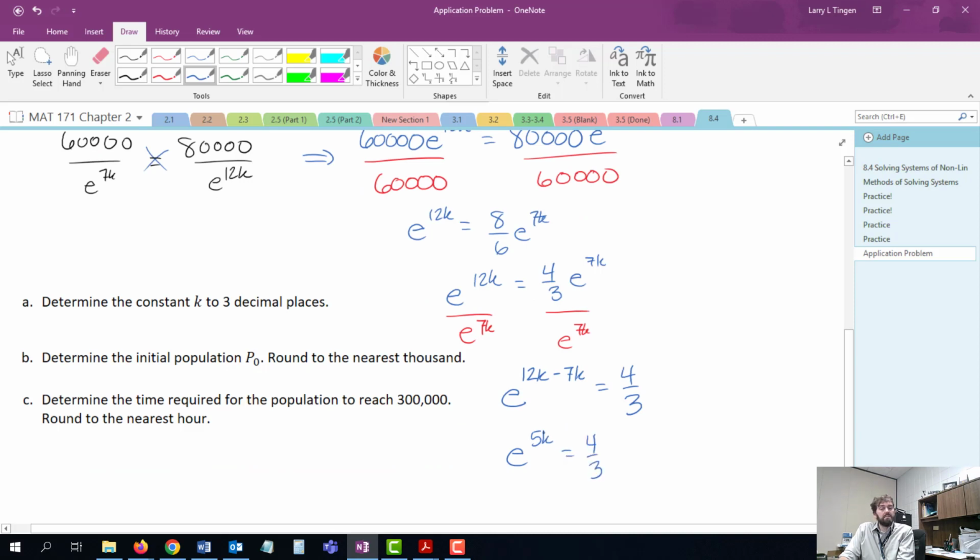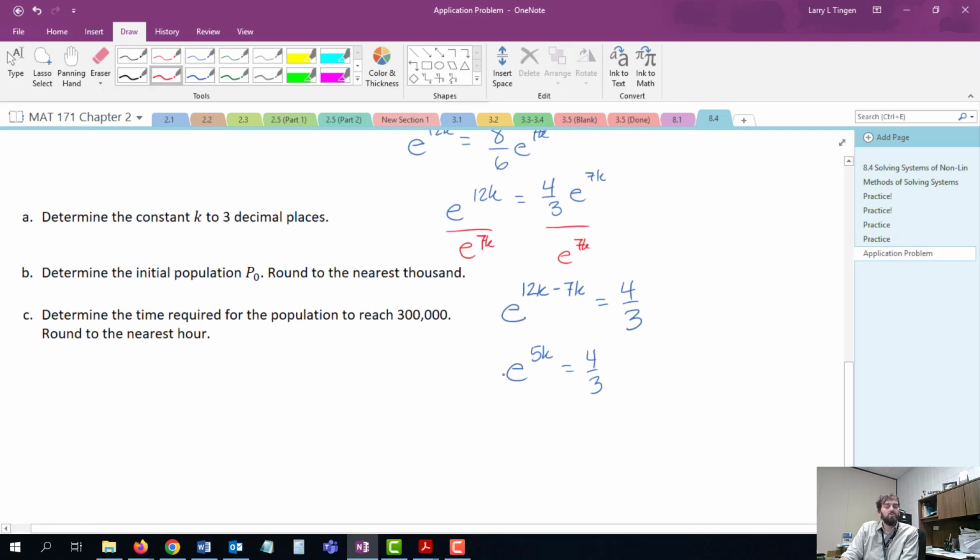And now I just need to get this power down. What do we do? I use the power rule for log. I'm going to take the natural log of both sides. And that's going to leave me with the natural log of, since I did it for the power rule, the 5k comes out front.